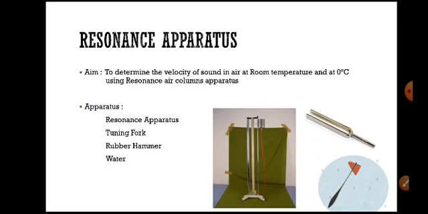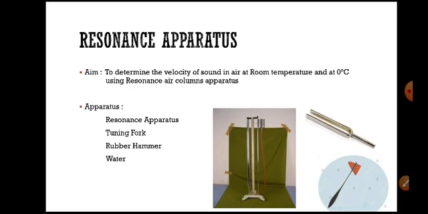And by using this apparatus, you can compare the frequencies of given tuning forks. If two tuning forks are given to you, you are able to compare the two frequencies, and you can determine the unknown frequency of the given tuning fork.